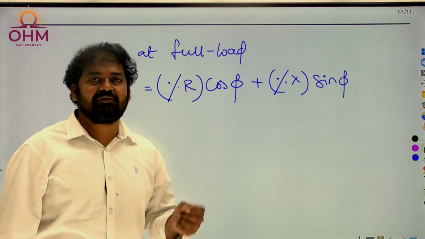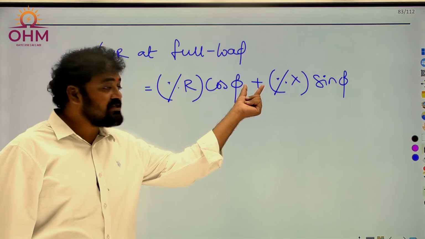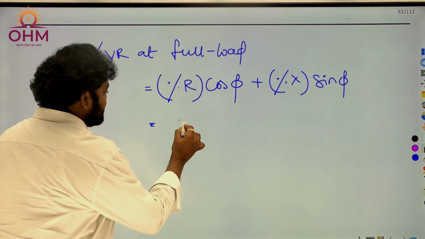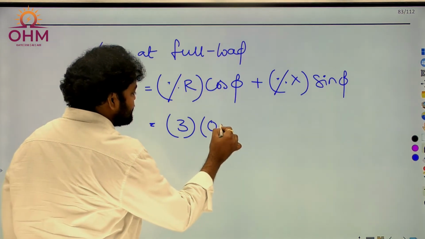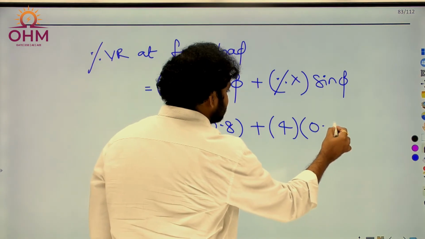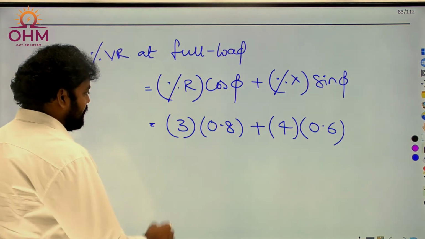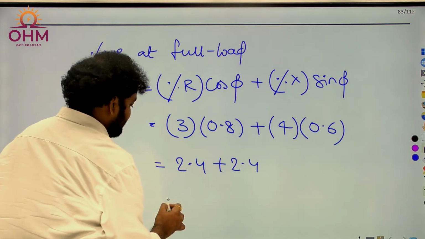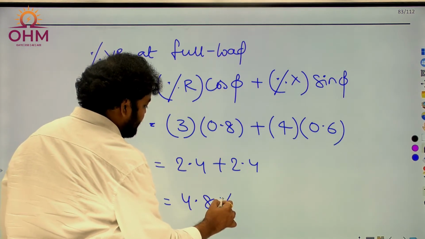Suppose if the given power factor is leading, we have to use a negative sign here. Now according to the given question, resistance is 3%, power factor is 0.8 lagging, reactance is 4%, and sin phi becomes 0.6. Okay, so this is 2.4 plus 2.4, which is 4.8%, right?